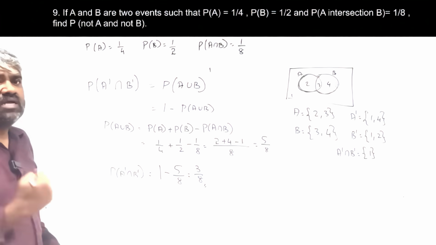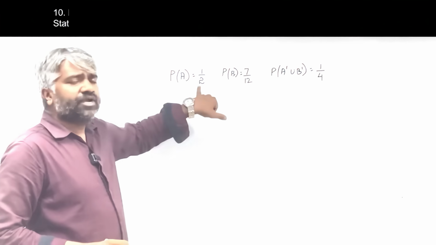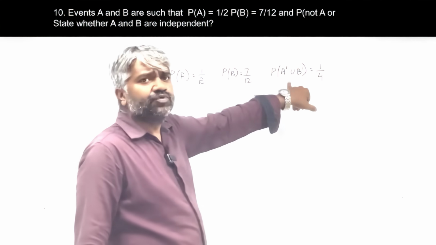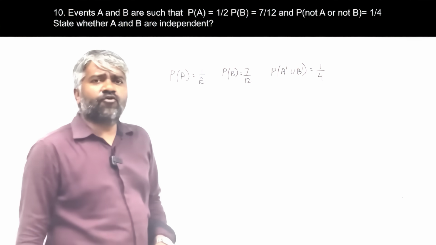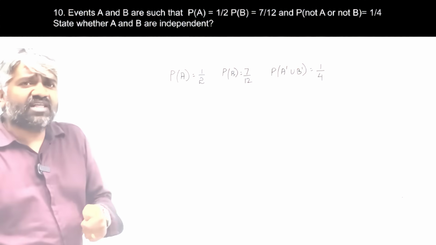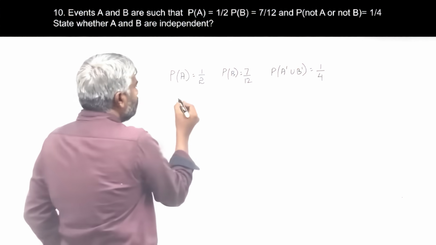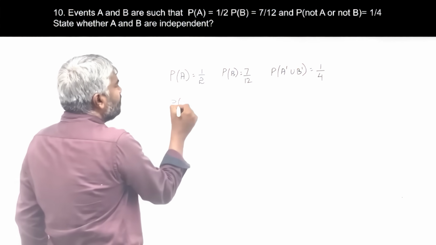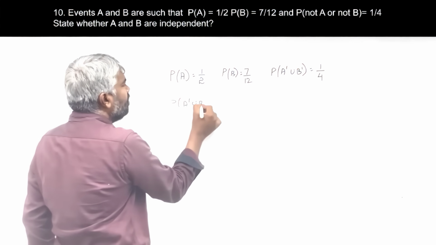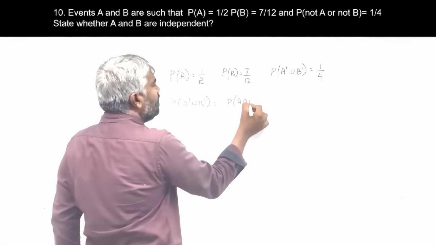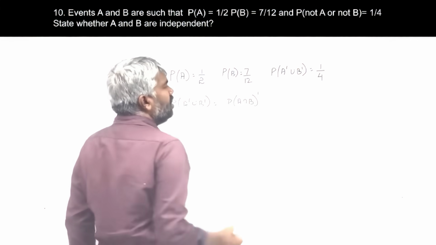Now we can move to the next question. P of A is 1 by 2, P of B is 7 by 12, whereas P of A dash union B dash is 1 by 4. Now we have to check whether A and B are independent events or not, right? So P of A dash union B dash equals P of A intersection B whole dash.